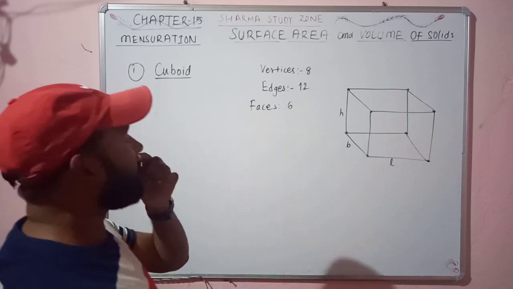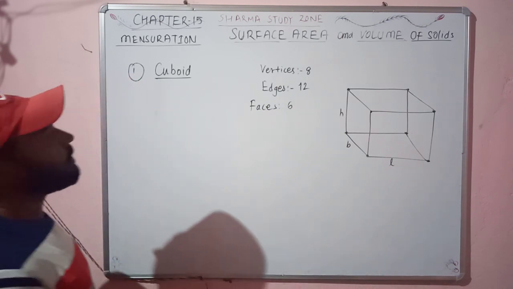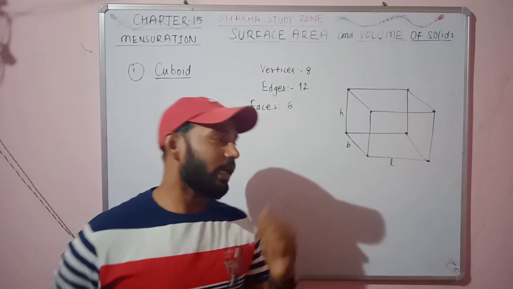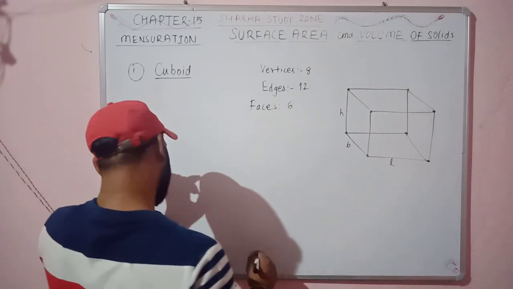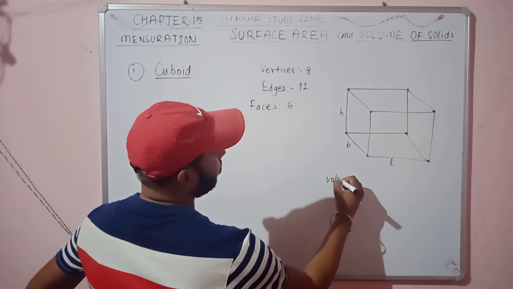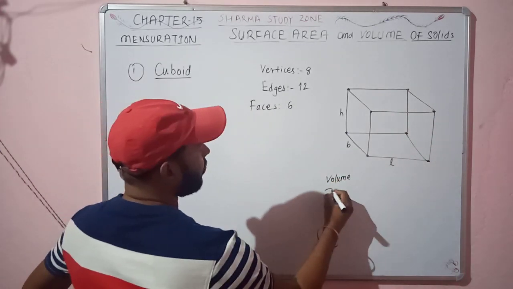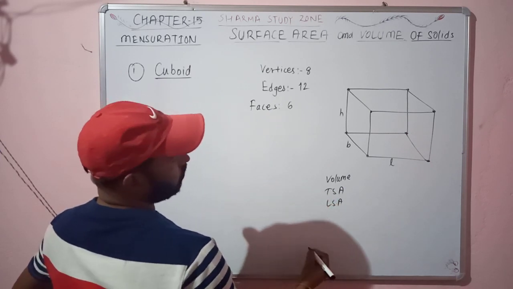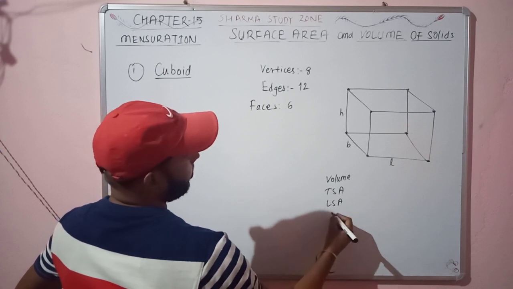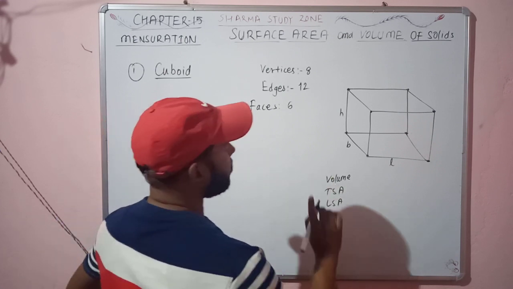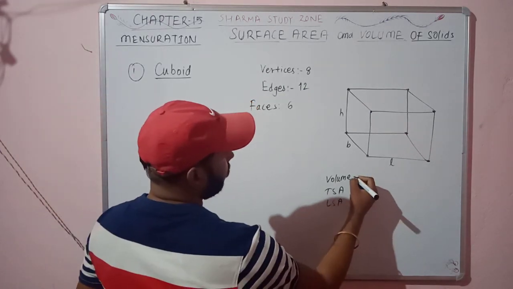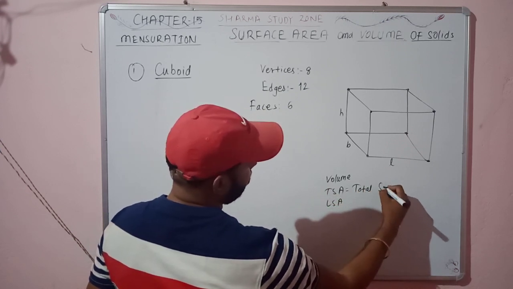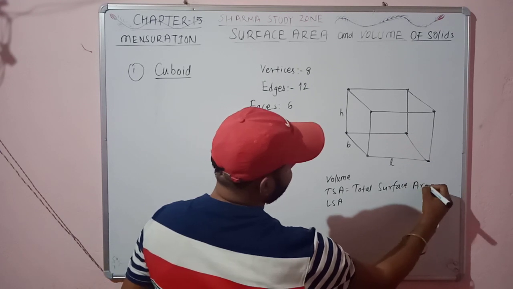Okay, these were the special things regarding the cuboid, but now we need to find the formulas. The formulas for a cuboid may be for the volume, total surface area, and lateral surface area.